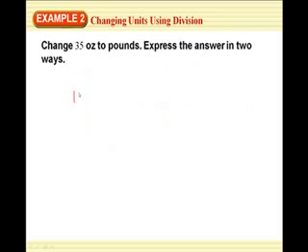Change 35 ounces to pounds. There are 16 ounces in a pound. So how many 16s are in 35? It says express your answer in 2 ways. So that means we can write it as a fraction, or as a remainder.